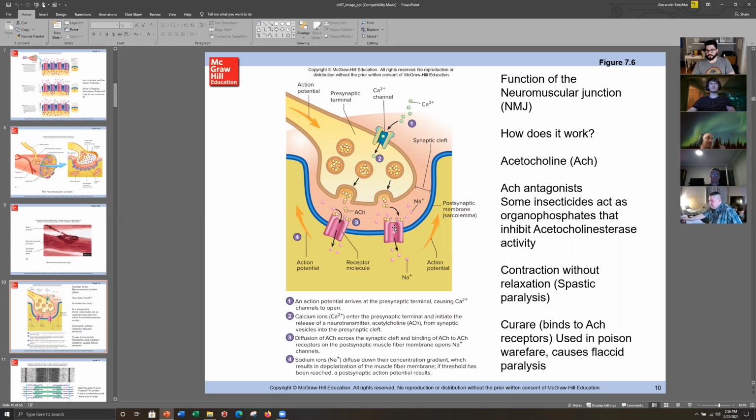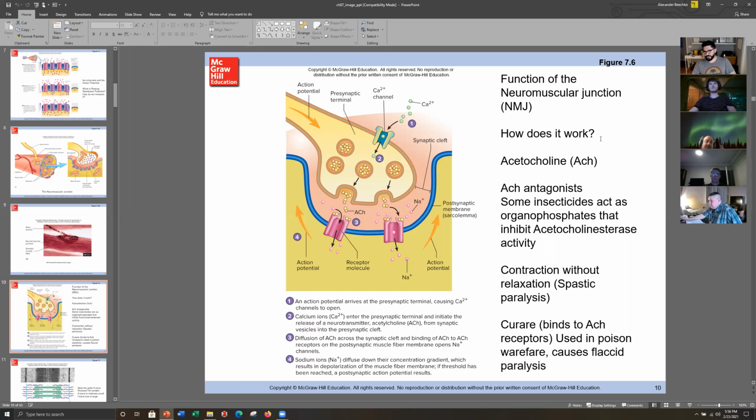It activates our ligand gated sodium channels here with acetylcholine, and then they allow sodium to rush into the inside of the cell to cause that depolarizing response. Okay, and then ultimately the acetylcholine gets released and is broken down and recycled and then reintroduced back into here. Then we recreate acetylcholine and then it's ready to go again. Right.